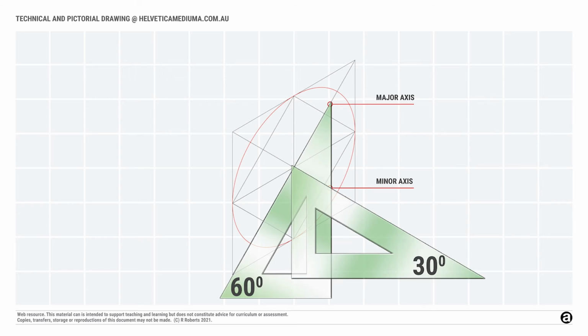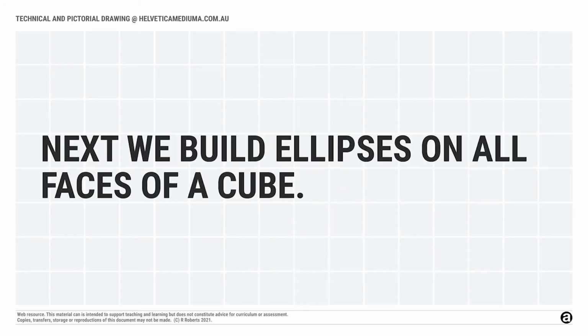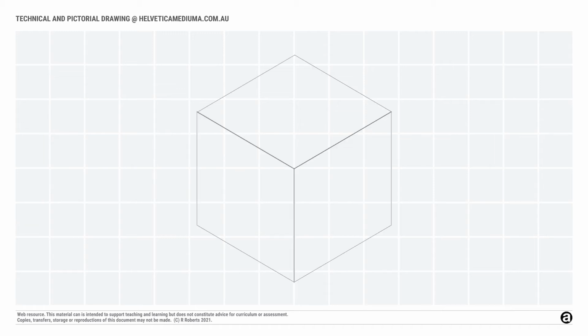We note that there are 2 axes in an ellipse. There's a major axis, which is the long one, and a minor axis, which is the short one. The major axis runs at 60 degrees to the horizontal, and the minor axis runs at 30 degrees to the horizontal.